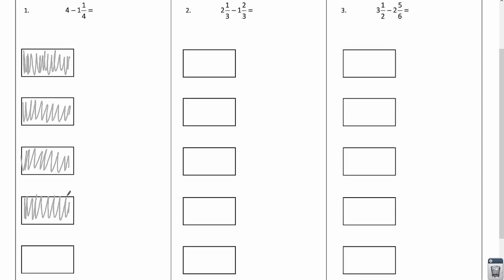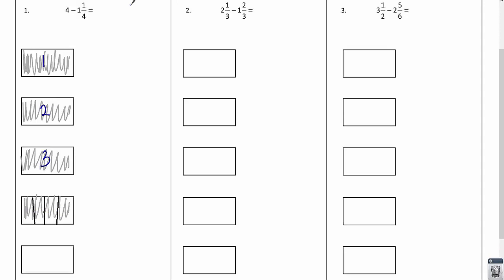The problem is there are no fourths here. There are no fourths to take away. So we need to create some fourths. What we're going to do is take one of these rectangles and divide it into fourths. So now, if you look at what we have, 1, 2, 3, and 1, 2, 3, 4 fourths.